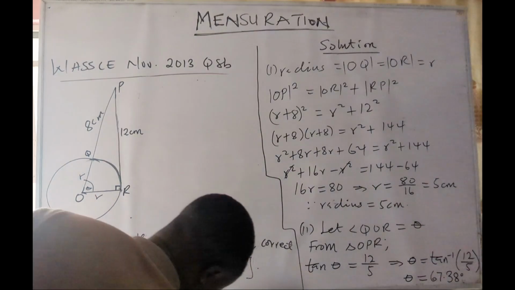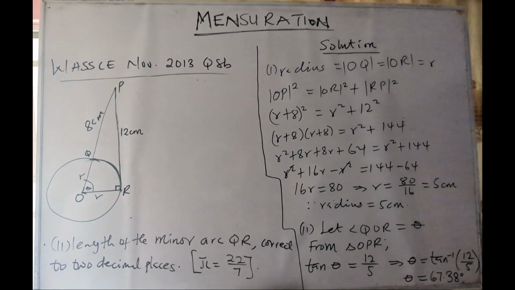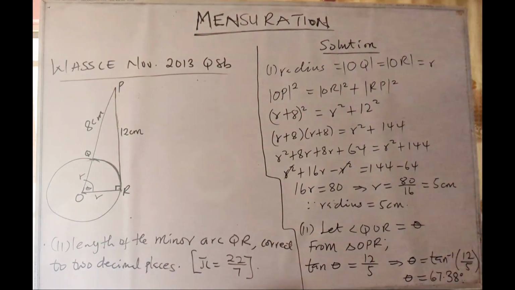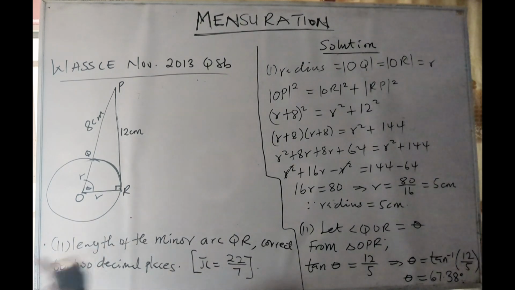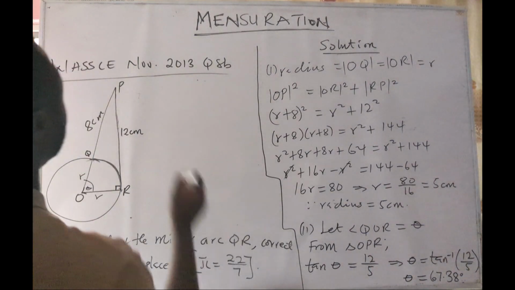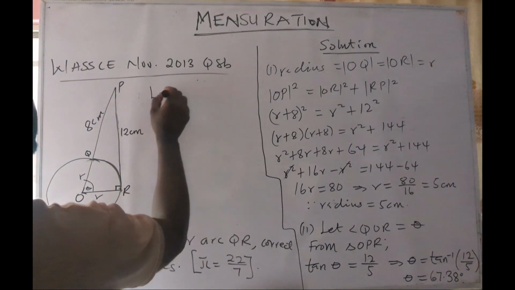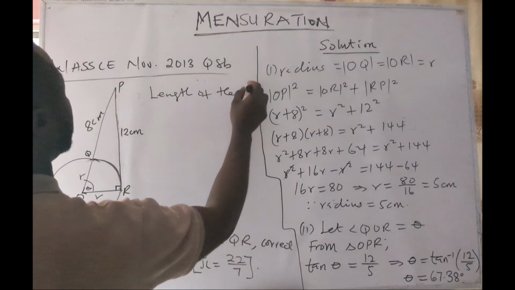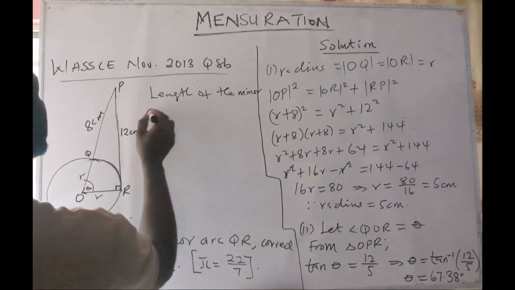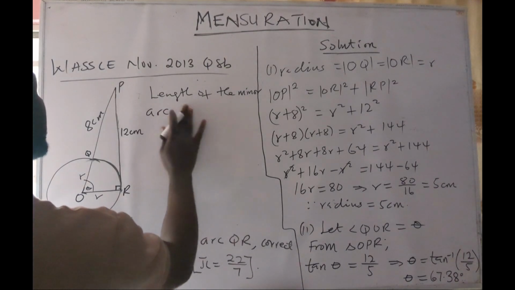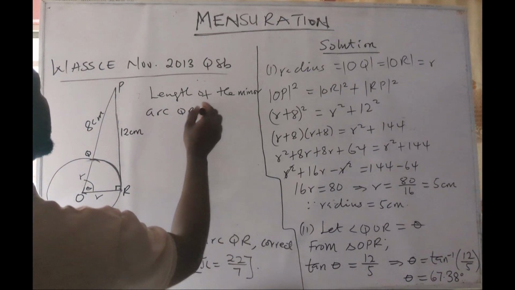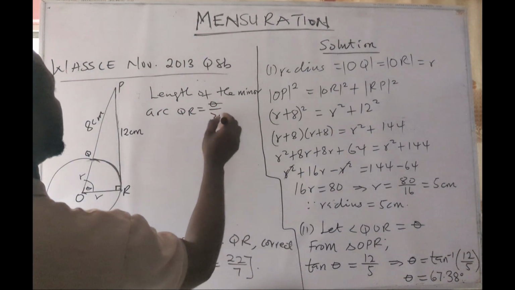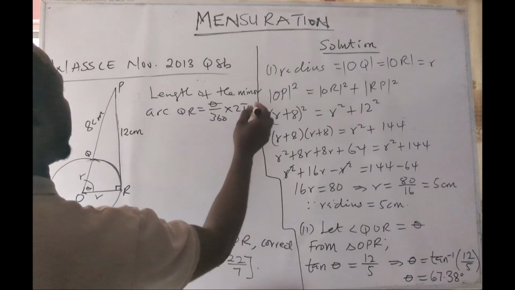Since now I have my angle at the center, I can calculate the length of the minor arc QR. Therefore the length of the minor arc QR is theta on 360 times 2 pi r.